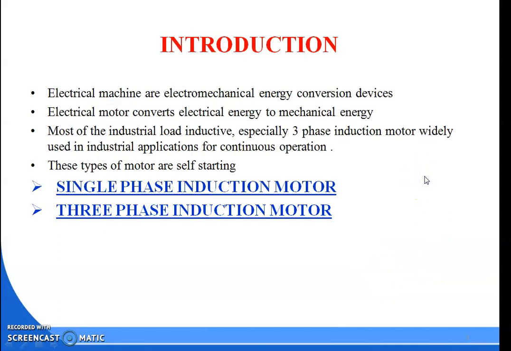So first of all, coming to the introduction. We know electrical machines are electromechanical energy conversion devices. We have studied earlier in Energy Conversion 1, that is EC1, all the DC machines, students.